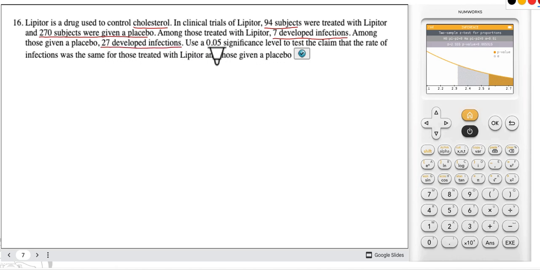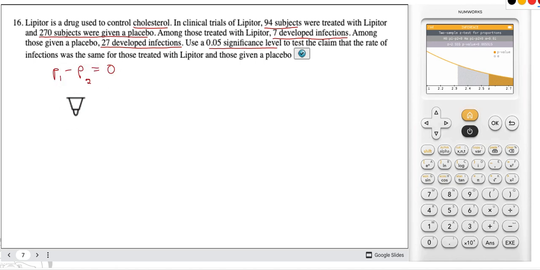So now we're going to use a 5% significance level to test the claim that the rate of infections was the same for both. So are they the same? The proportions, P1 minus P2, would be equal to 0.